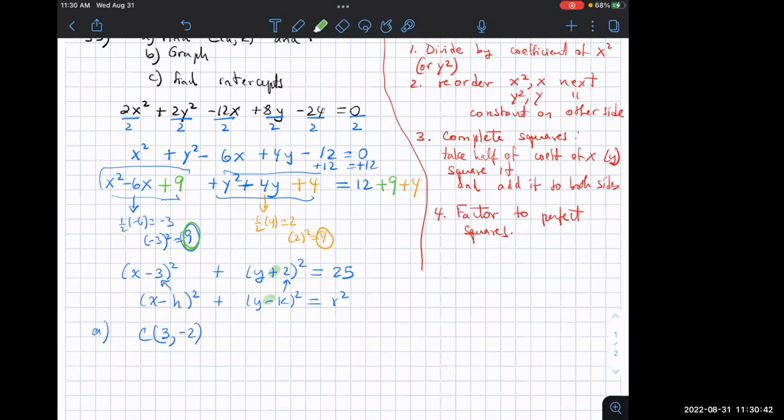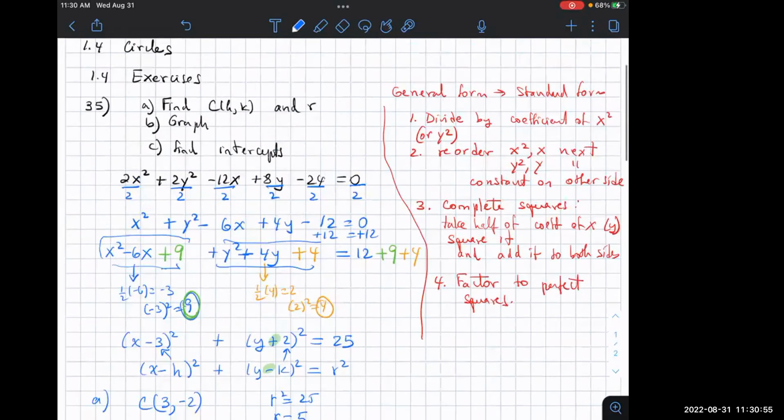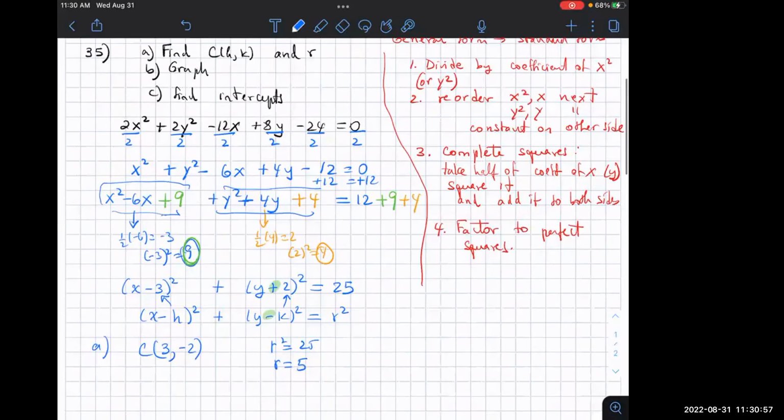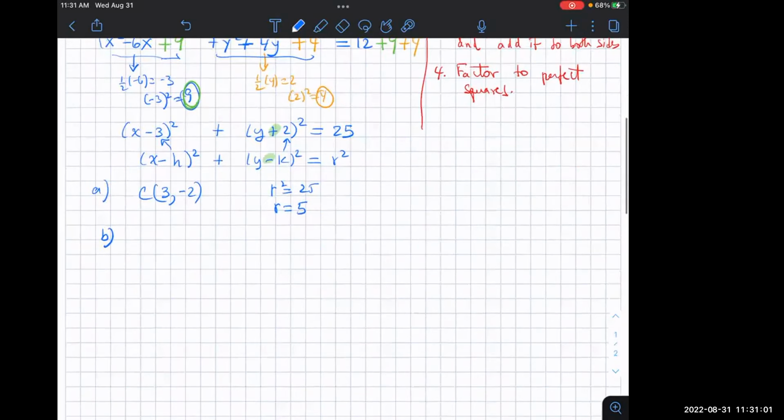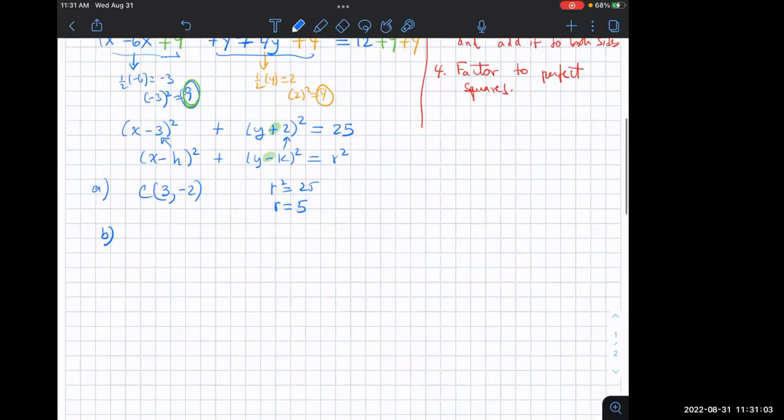So to get a +2, the k has to have a negative. And the radius must be the square root of 25 or 5. So that's part A. Part B is graph and then the intercept. Okay, so 3 and -2 and radius 5.